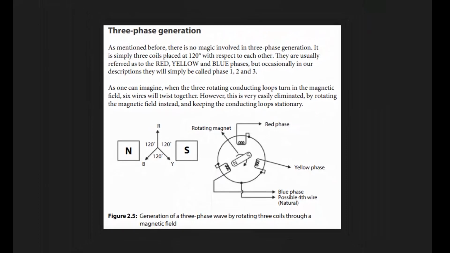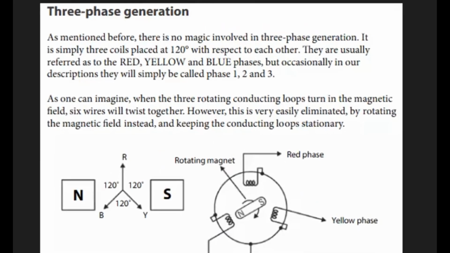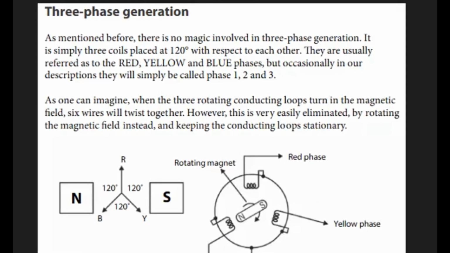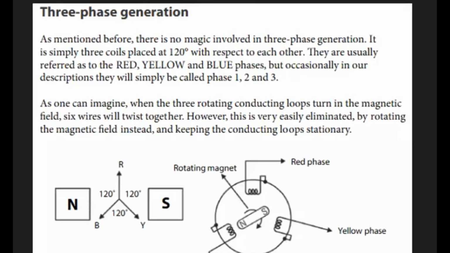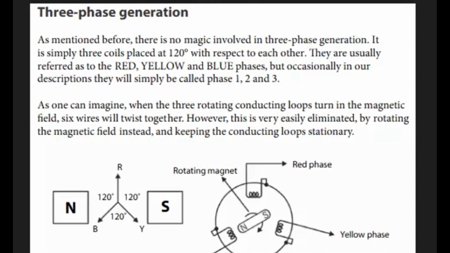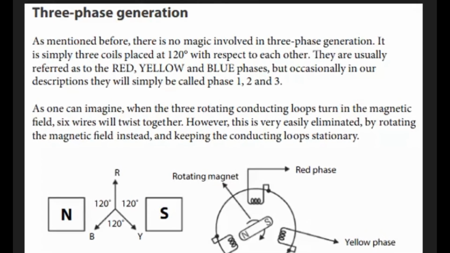Three-phase generation. As mentioned before, there's no magic involved in three-phase generation. It's simply 3 coils placed at 120 degrees with respect to each other. They are usually referred to as red, yellow, and blue, or simply as L1, L2, and L3.